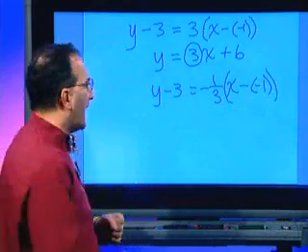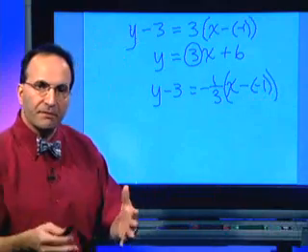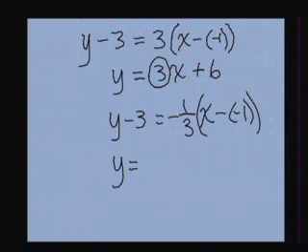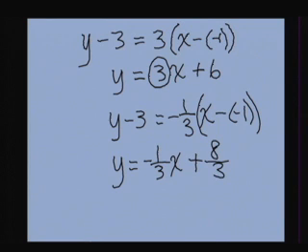And once we simplify it as far as possible, we end up with y equals negative 1/3 x plus 8/3. And so this is the tangent, and this is the normal. And we used implicit differentiation to help us find both of those.